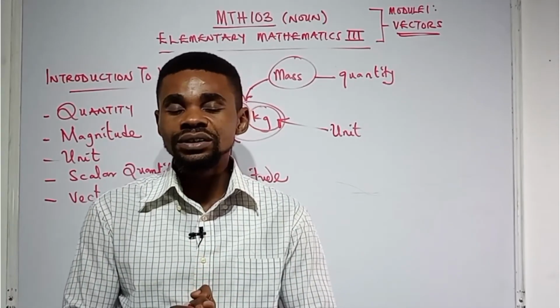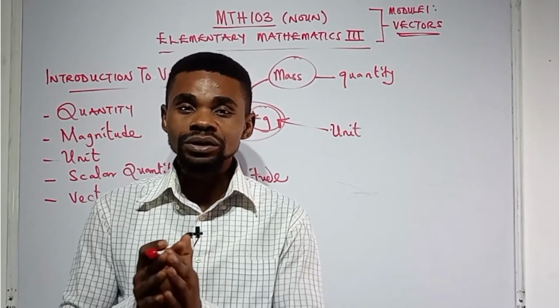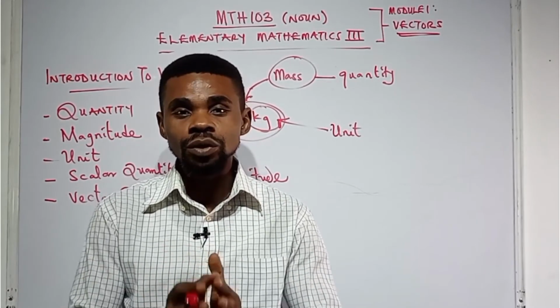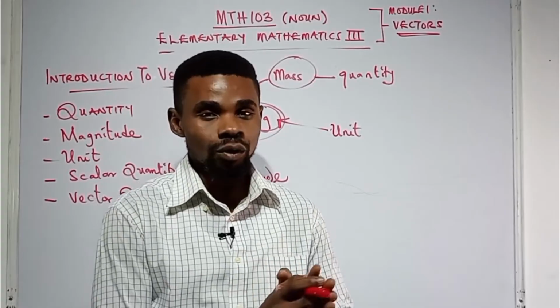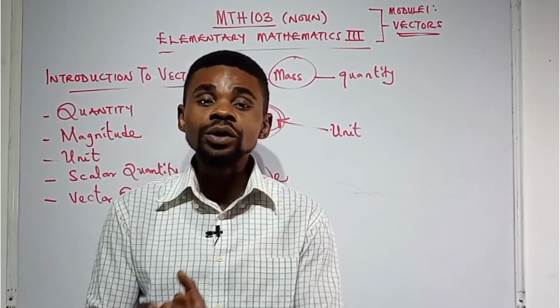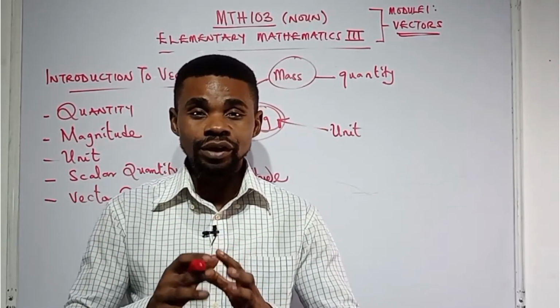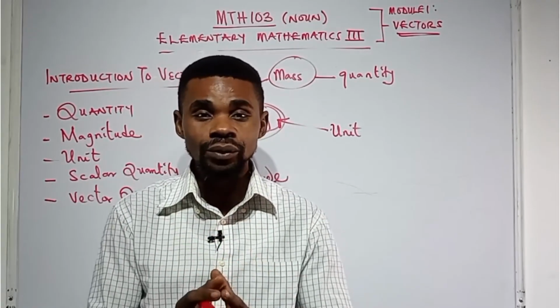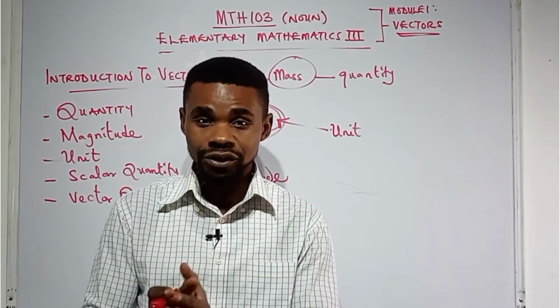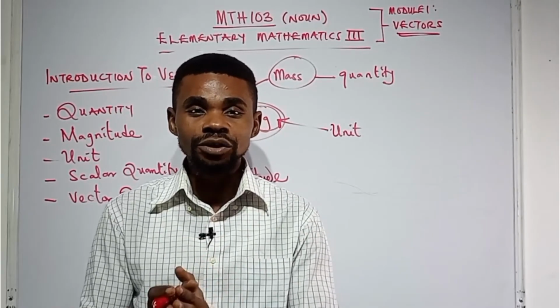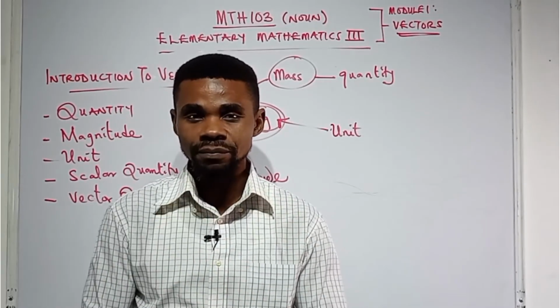So any quantity that can be measured but does not have a direction is what we refer to as a scalar quantity. And on the other hand, a quantity that can be measured, which has a numerical value but also has direction, is called a vector quantity.